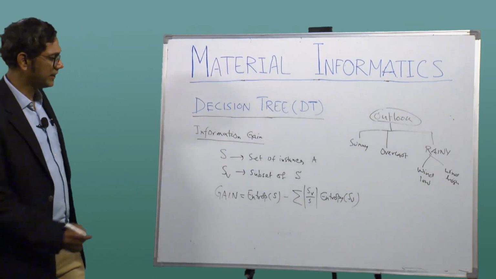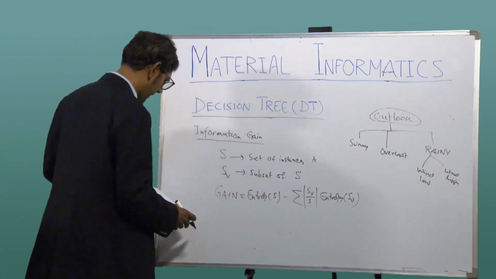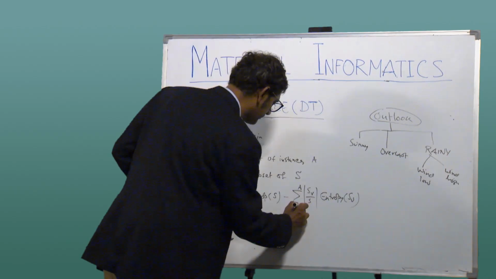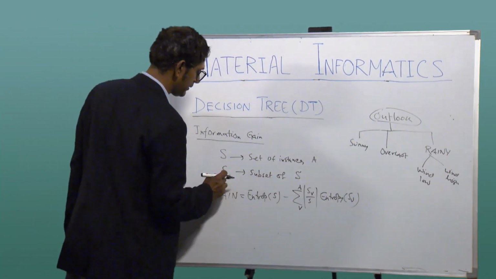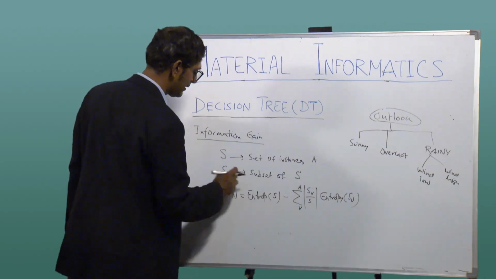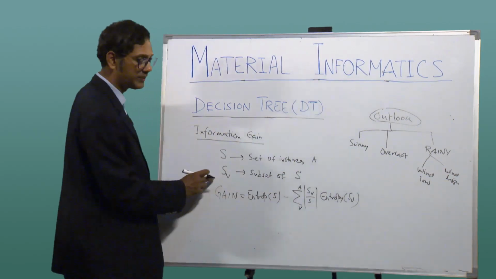In a very simple way, this is what we can write. Obviously, one can write this also, because we have used attribute A to split the data from S to SV.